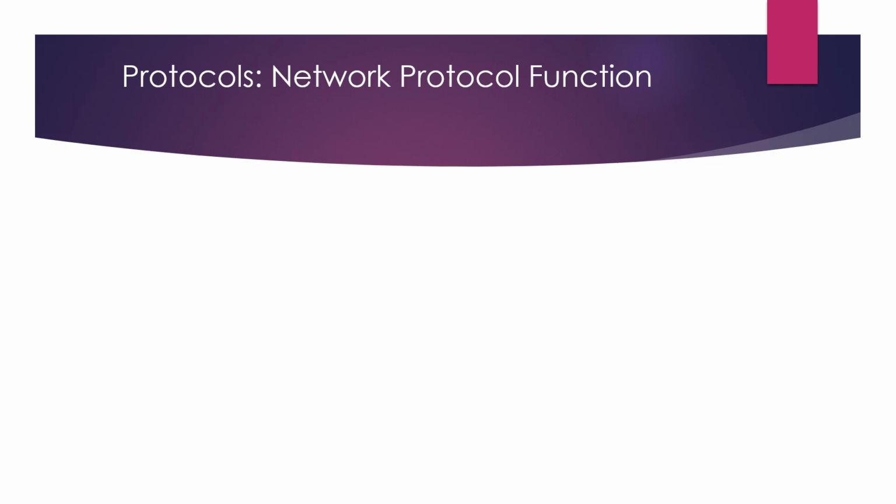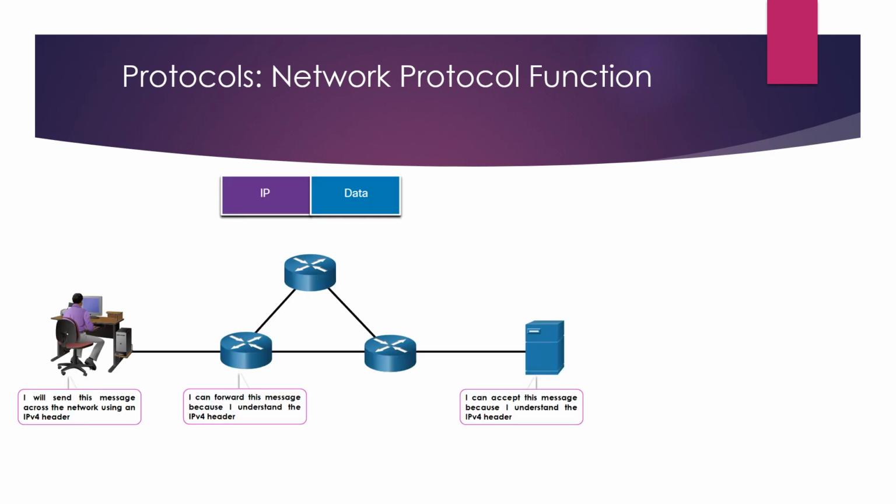Network communication protocols are responsible for a variety of functions necessary for network communication between end devices. As you can see in the figure, there is the sender that needs to send a message to the destination over the network. He will say that I will send this message across the network using an IPv4 header.